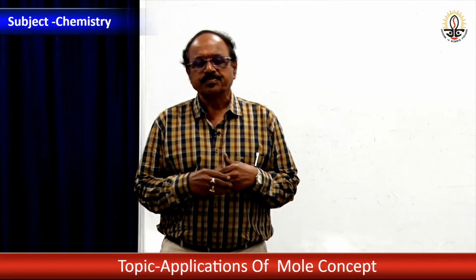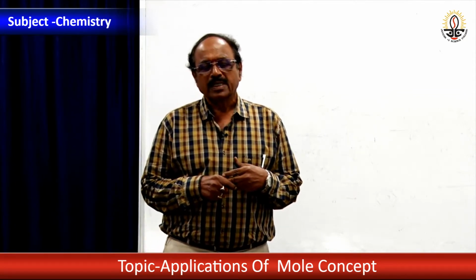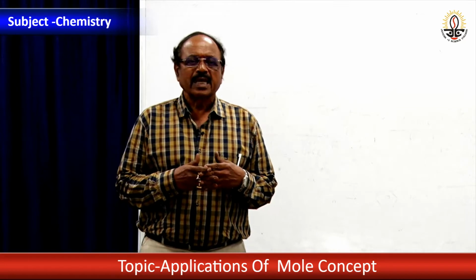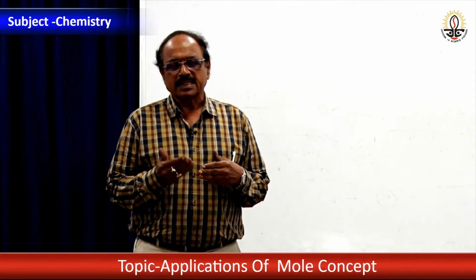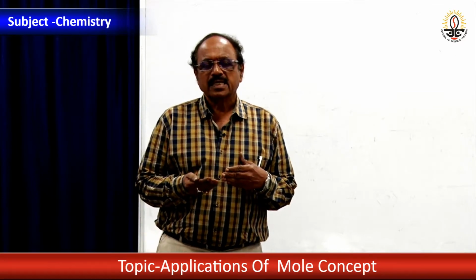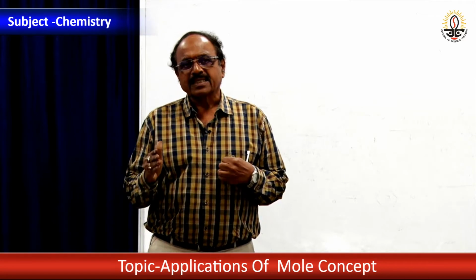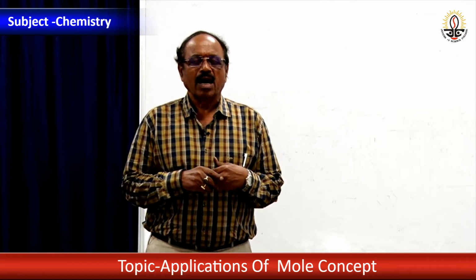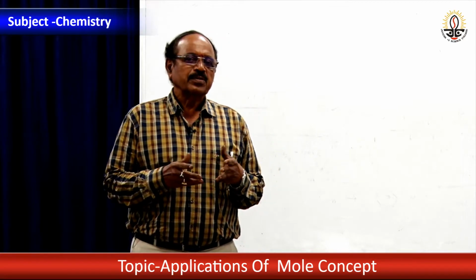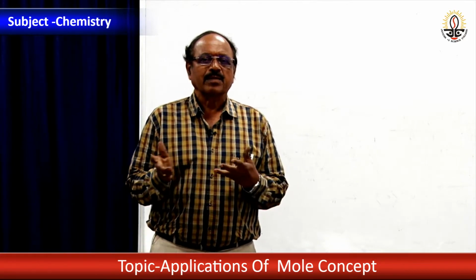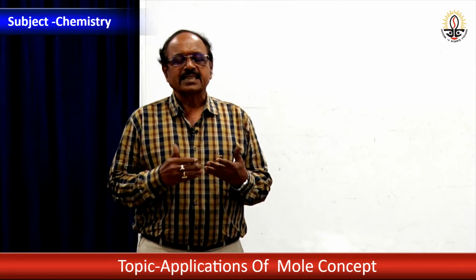Hence we can say the definition of mole in another form: the mole is the amount of the substance which contains 1 Avogadro number of particles of its kind. So when you take an element, you are coming to atoms; when you are taking a compound, you are coming to molecules.